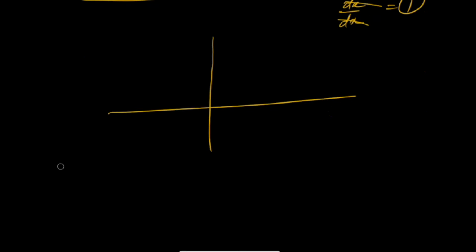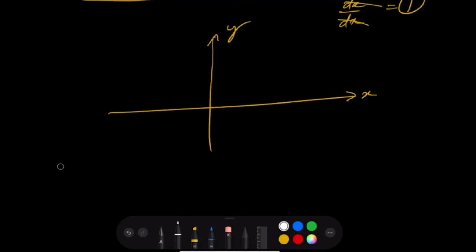And let us draw the graph of y equals x. So this is your x-axis, this is your y-axis, this is the line y equals x. Okay, it will make 45 degrees with the x-axis, obviously, because it passes through 1 comma 1, 2 comma 2, 3 comma 3, because x equals y, and 0 comma 0, so it will make 45 degrees.